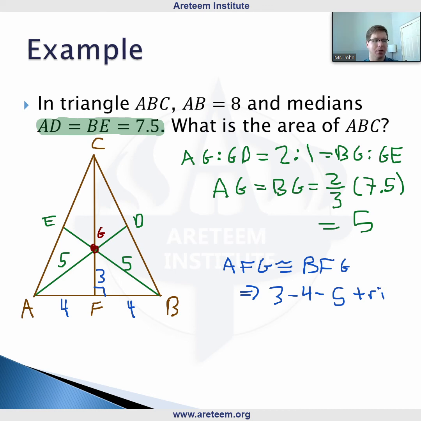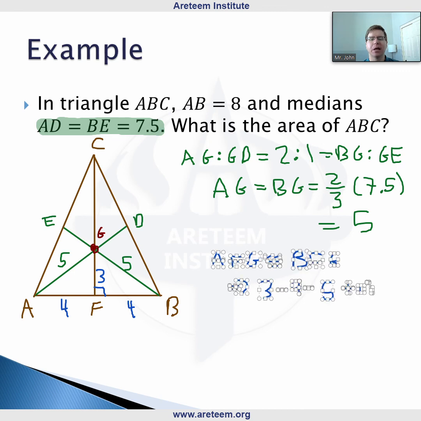In fact, we've pretty much shown now what you would need to convince yourself that we actually have an isosceles triangle. So as a little bit of extra here, anytime that you have 2 equal medians, you have an isosceles triangle there.